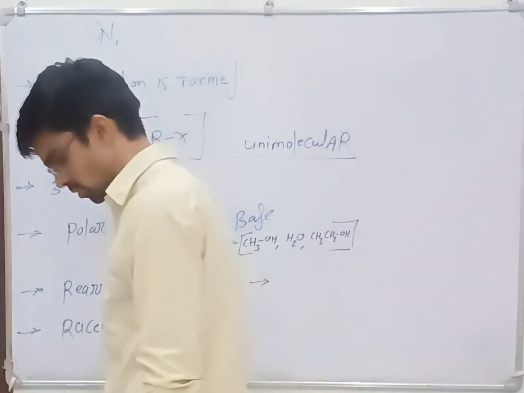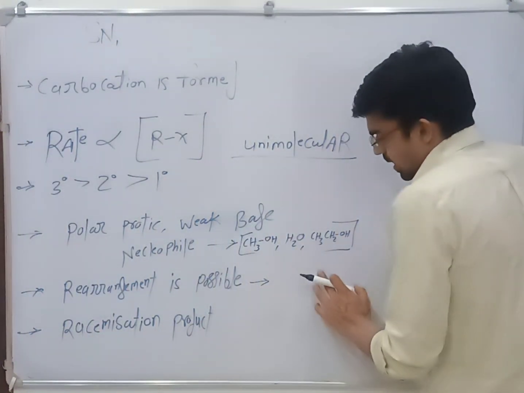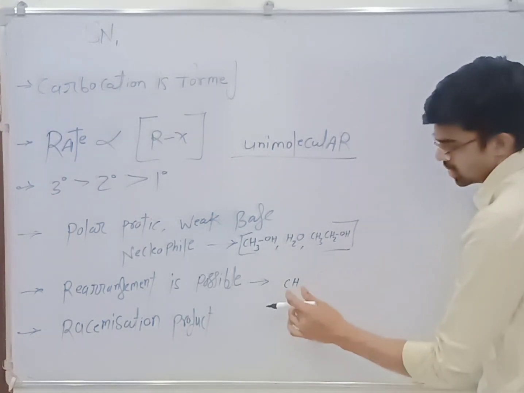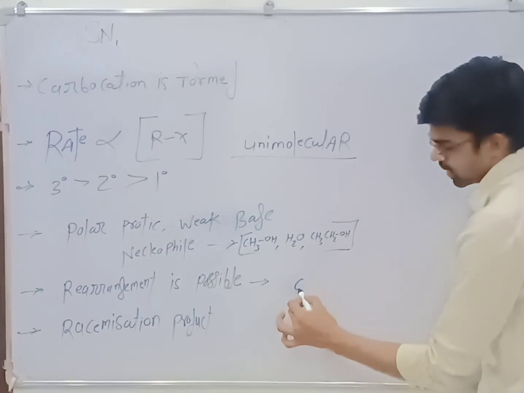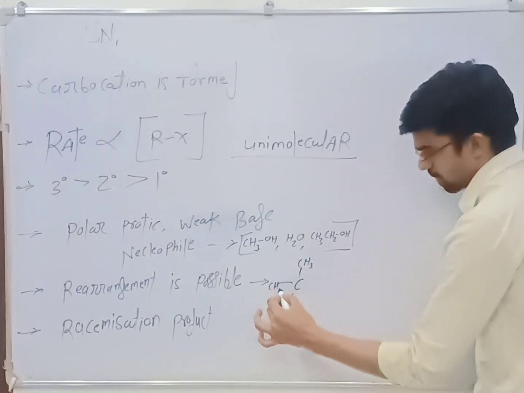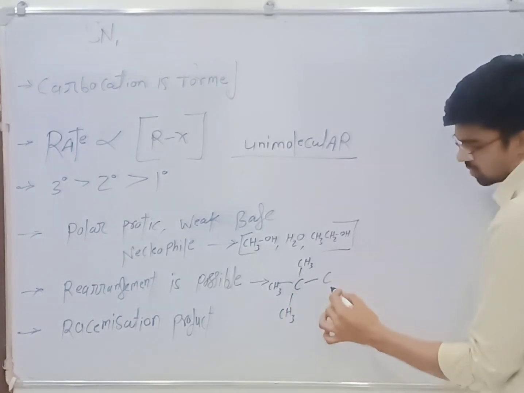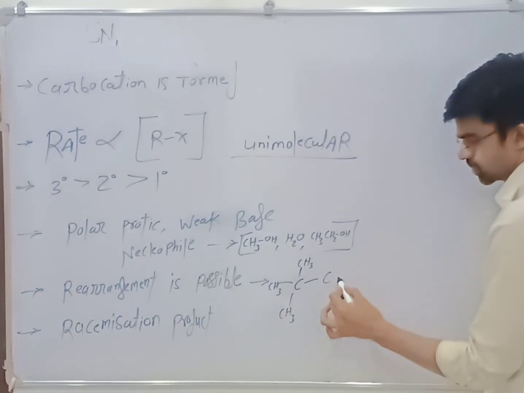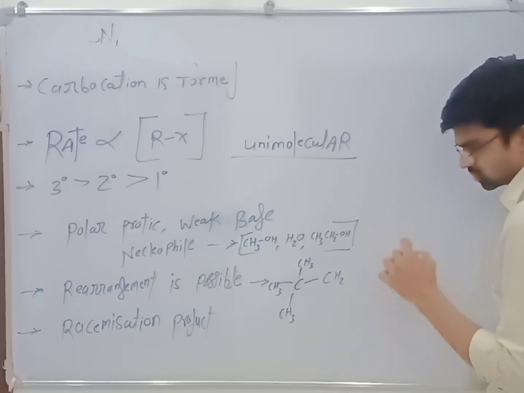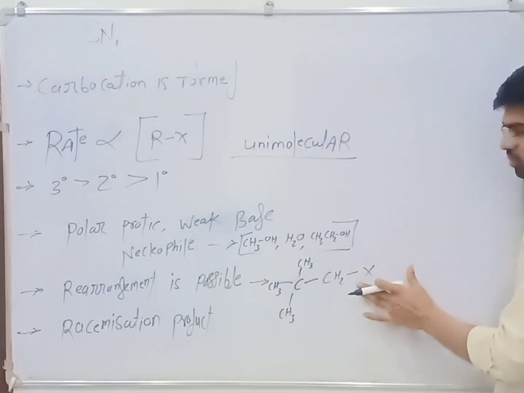How is rearrangement possible? See here, if we are having a compound like this, that is a 3 degree carbon with CH3, CH3, CH3, and further a 1 degree carbon, CH2, and X and OH.